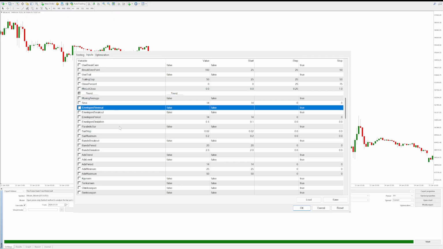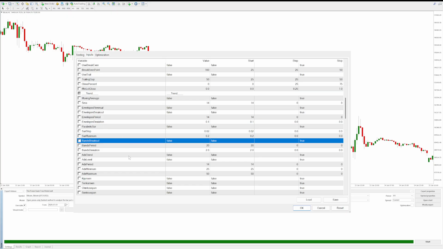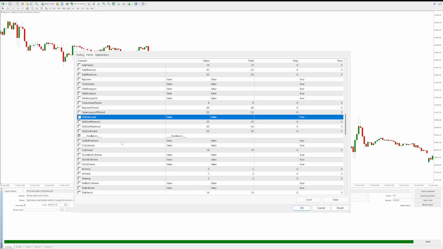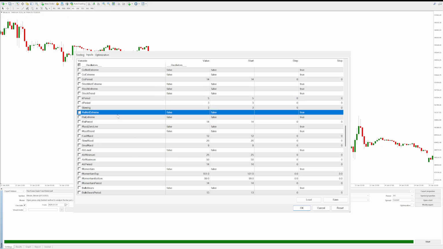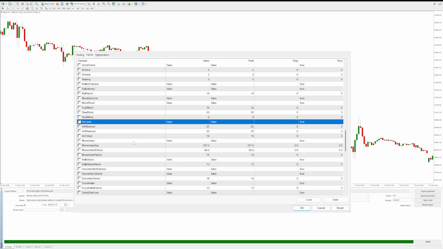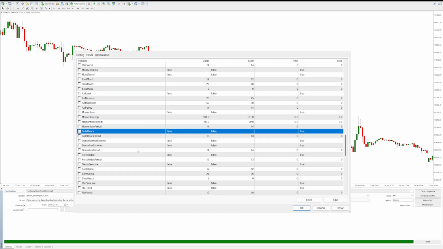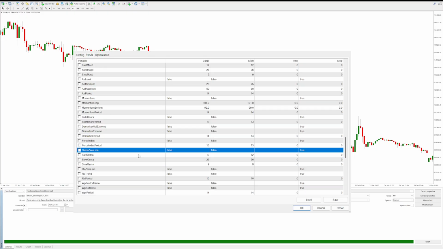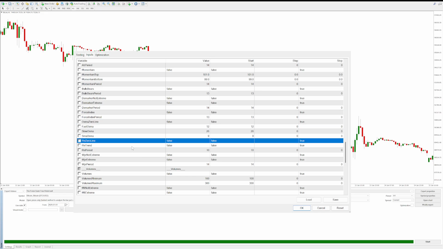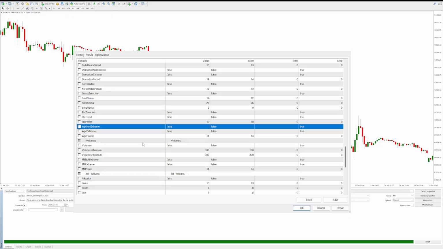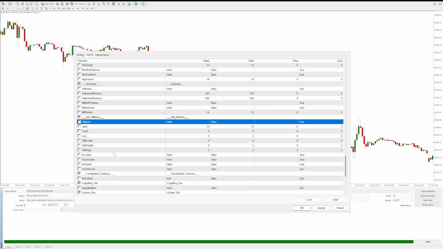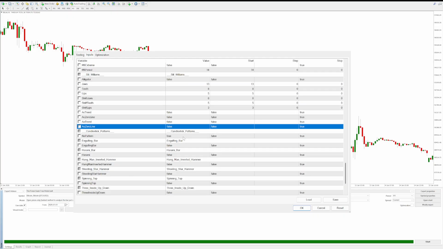So you've got the moving average, envelopes, parabolic SAR, Bollinger Bands, ADX, Ichimoku, standard deviation, CCI, stochastics, RSI, MACD, ATR for your average true range, momentum, bulls and bears bars, DeMarker, force index, OsMA, RVI, Williams percent range, volumes, money flow index, Bill Williams, which is the alligator, accelerator oscillator, and you also have candlestick patterns as well.